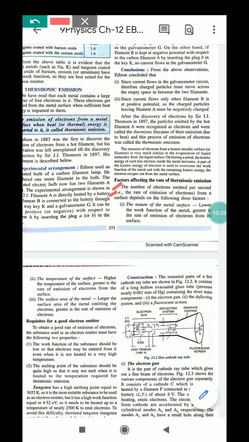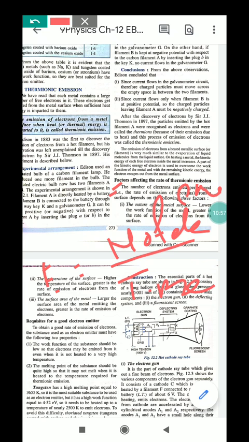Rate of emission is equal to the number of electrons or thermions emitted by time in seconds.